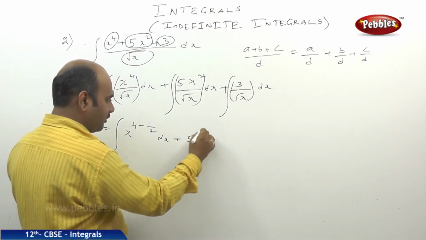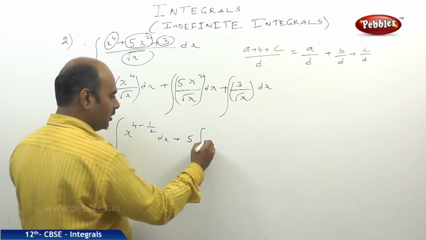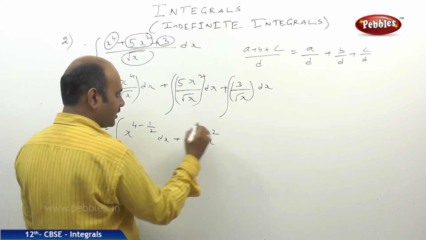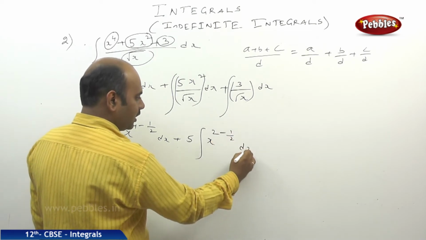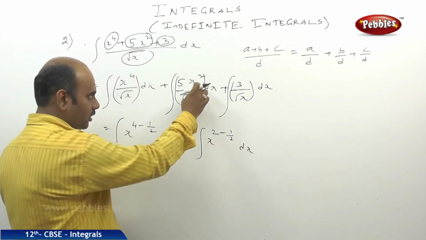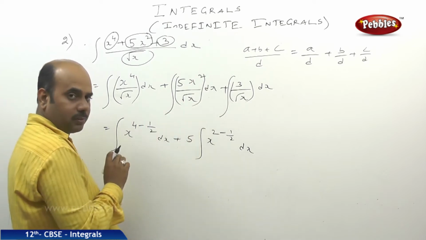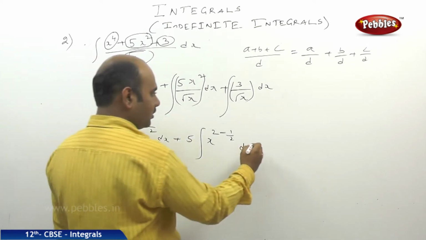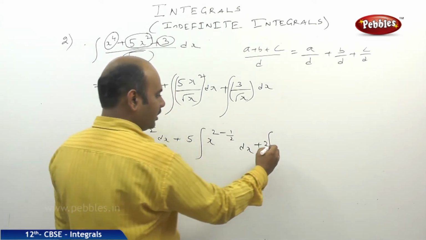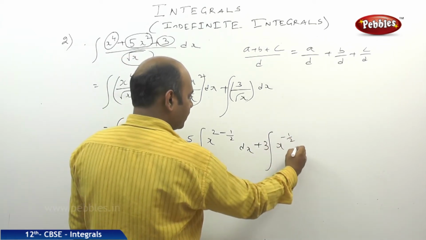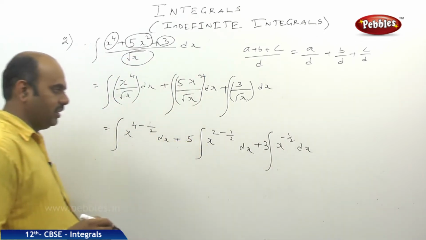And here also 5 I will take outside. Finally, x square by x power 1 by 2 becomes x power 2 minus 1 by 2 dx. I think it is clear to you because it is like x power m by x power n, so x power m minus n. Plus again here 3 will come outside, and here we get x power minus 1 by 2 dx.